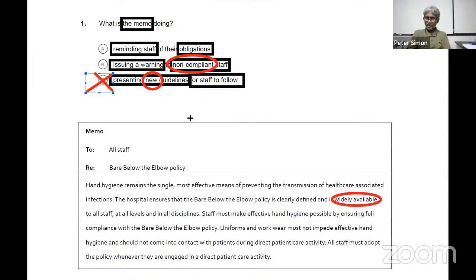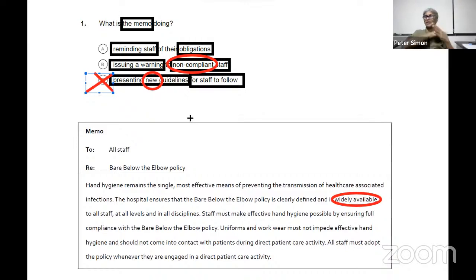This is not new, it's already available. The hospital ensures that the bare below the elbow policy is clearly defined and is widely available at the time when you are reading this memo. That means it is already circulated to all staff at all levels in all disciplines. It is already existing. So how can it be new?